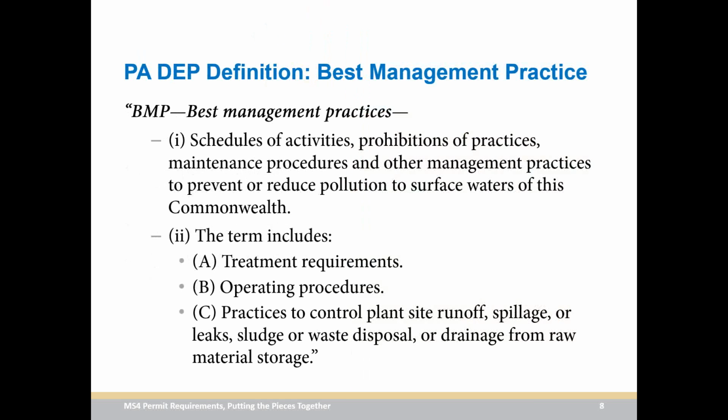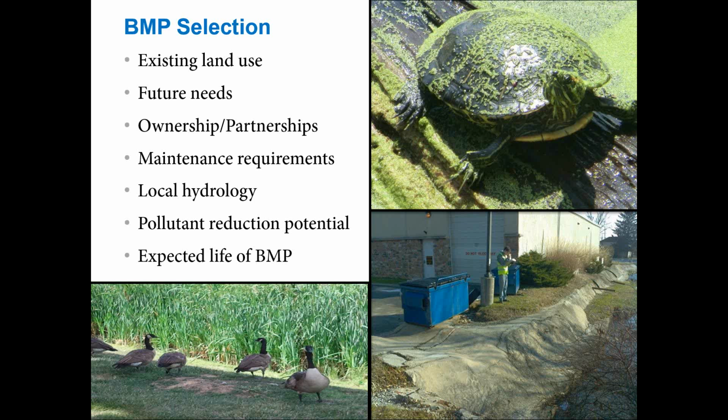Pennsylvania DEP defines best management practices as a range of opportunities that can be used. BMPs range from agricultural to urban to management types of BMPs, and oftentimes different strategies can be used using a watershed analysis. It's important to evaluate your existing areas for the best BMP to be used.